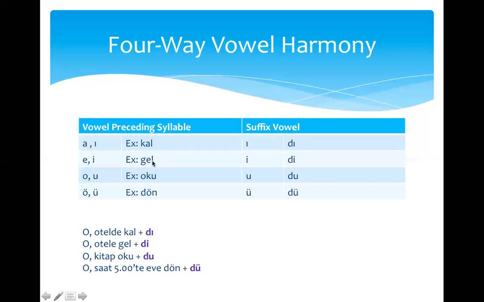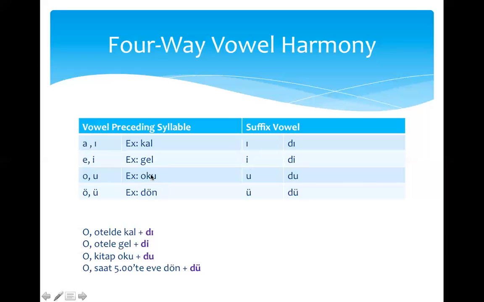So any verb or adjective or noun containing a or e, the I-type suffix is going to agree with it, and since this is an e, the suffix is going to be with i. Di, geldi. On the third row, we have a verb that ends with the vowel u, oku.